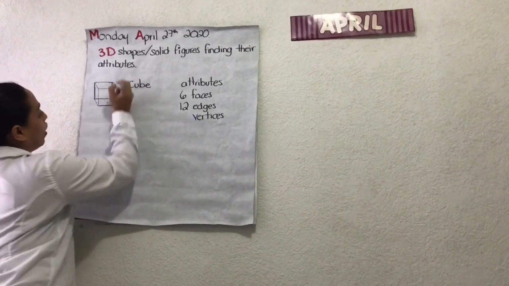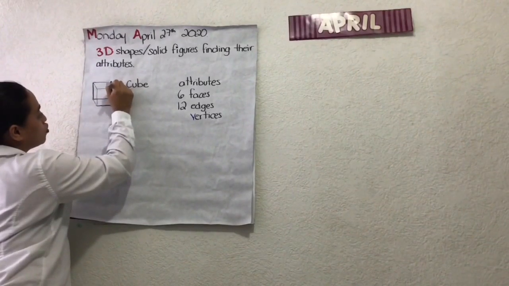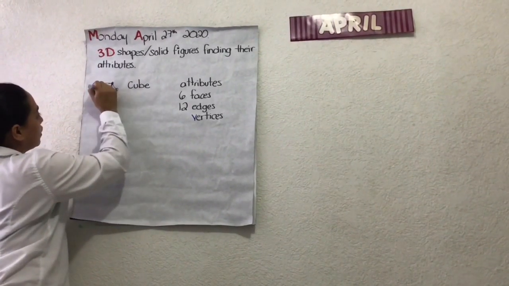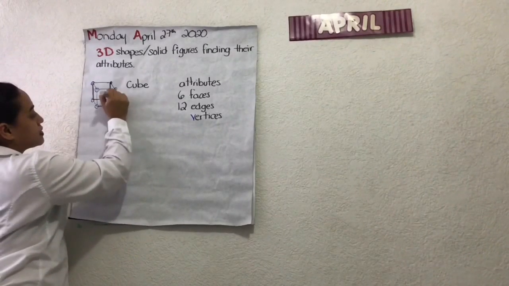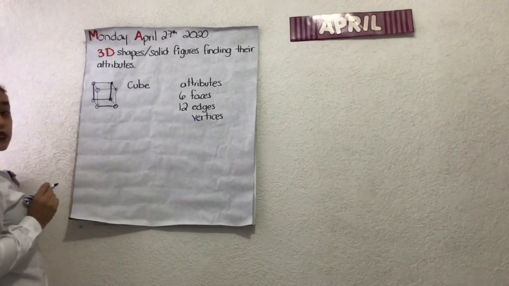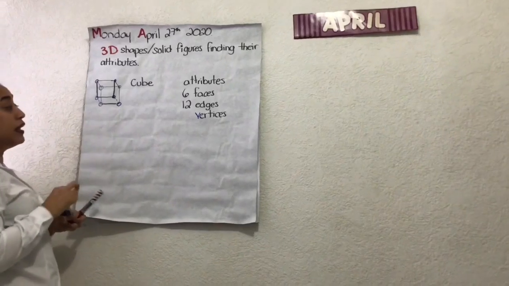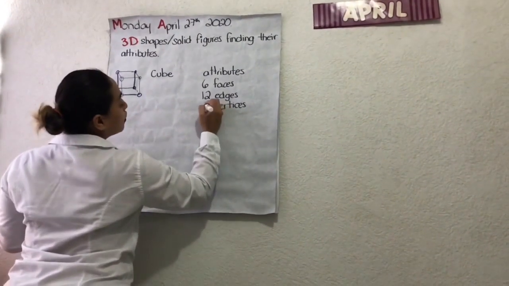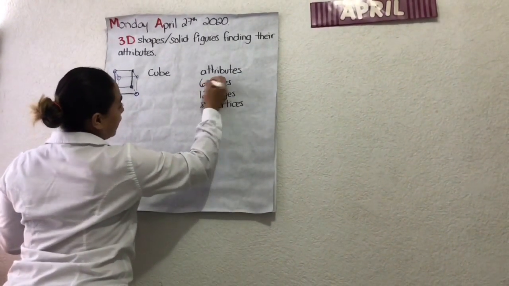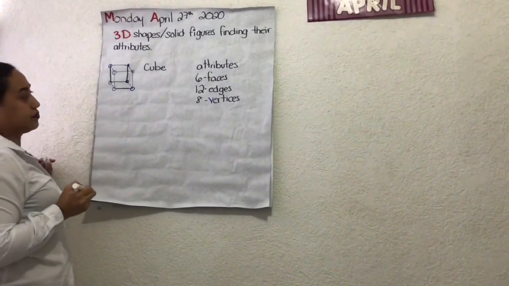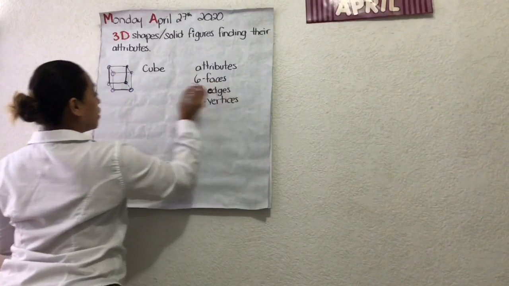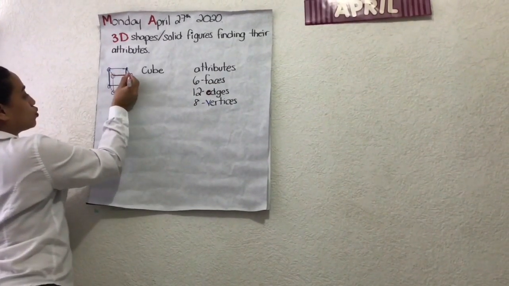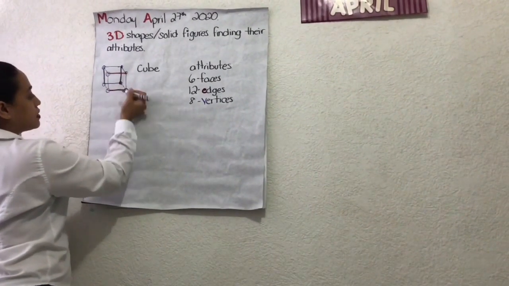So we have 1, 2, 3, 4, 5, 6, 7, and the last one is 8. So how many do we have, guys? We have 8. All right. Remember what an edge is? Edge. This is one. This is one.